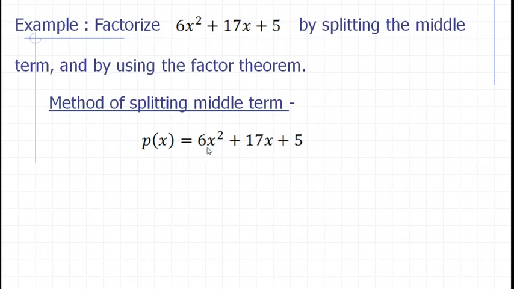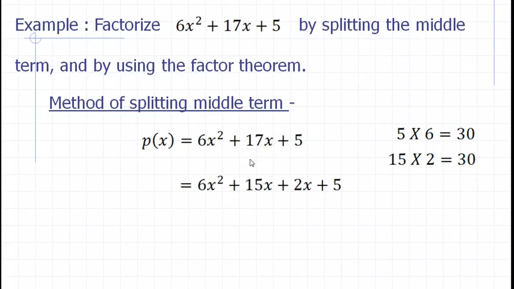Based on the coefficient of x square, which is 6, and the constant term, which is 5, first of all we multiply these two. 6 fives are 30. Now write down the factors of this 30. 30 can be written as 15 twos are 30, and when you add 15 and 2, you get the middle term 17.